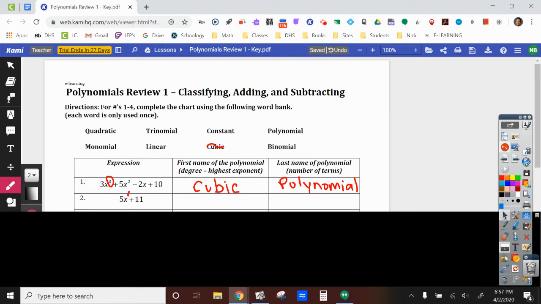So if my expression has a degree of 1, then it is going to be called a linear. Whoops, and I forgot to cross off polynomial. Now I'm going to name this polynomial based on the number of terms. I see 1 term, I see 2 terms. So if it has 2 terms, this is going to be called a binomial.